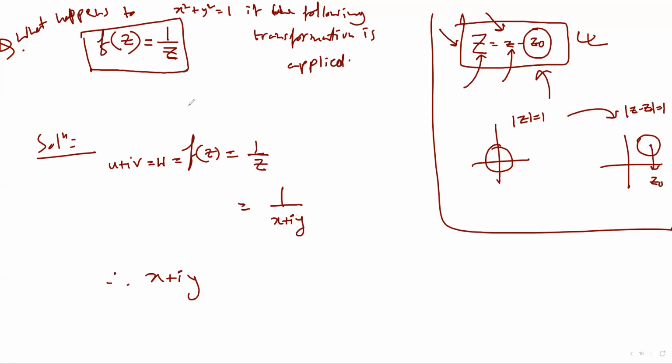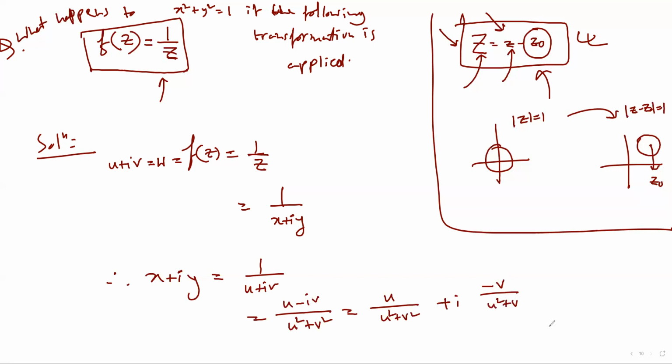The one I'm doing right now is actually the easiest mode of calculation to solve this particular problem involving this particular transformation. So x plus iy is 1 over u plus iv. Of course, multiply by the conjugate to get u square plus v square at the denominator. So you have u by u square plus v square plus i into minus v by u square plus v square.